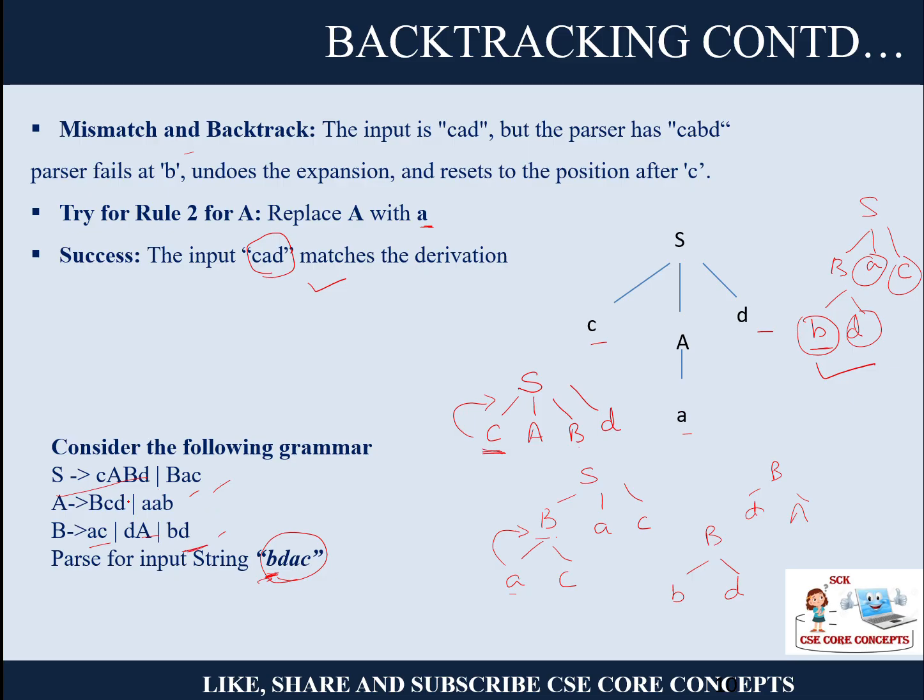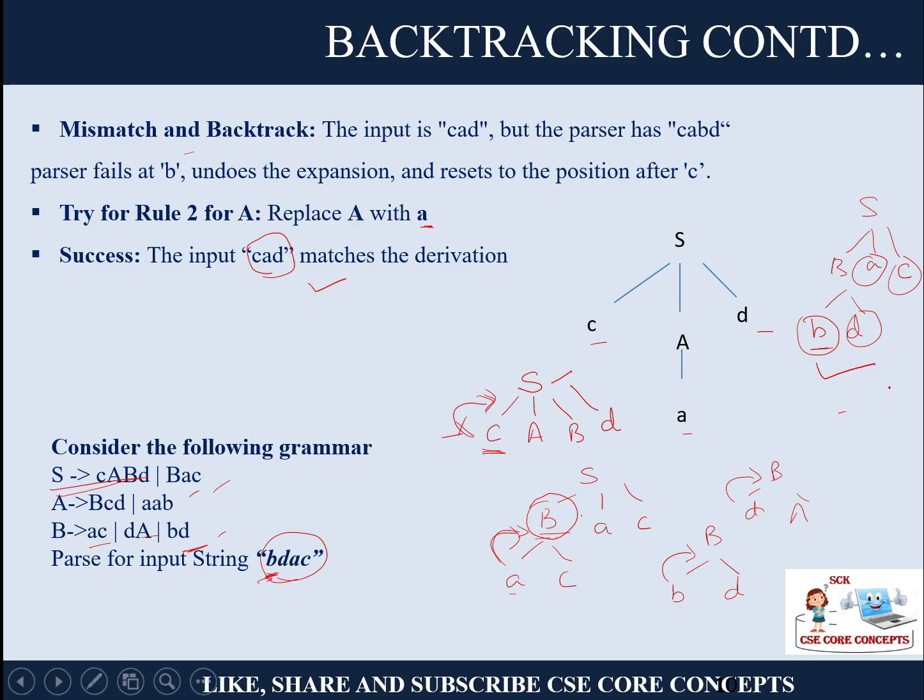So how many attempts did we have to do? First we tried S with the first rule, it did not work, so we had to backtrack to S, applied the second rule, it worked, but again we had to expand this non-terminal. We tried it with the first rule AC, did not work, backtrack, tried with the second one DA, did not work, backtrack. When we tried with the third one, it worked.